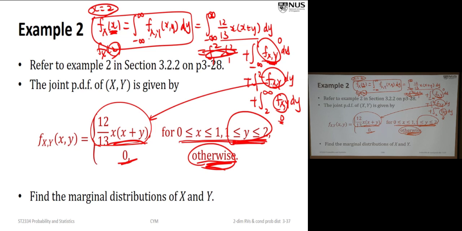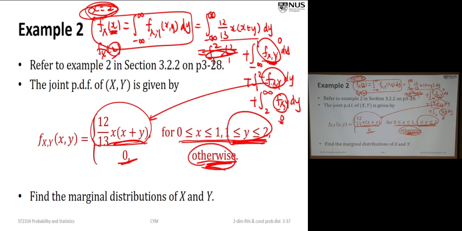If that's the case, you have to look at what the y range is and what the x range is. The y range appears in your integration limits for this example. But you also have to state explicitly when what you have done is a valid computation.